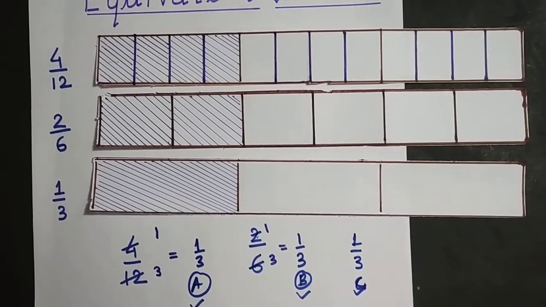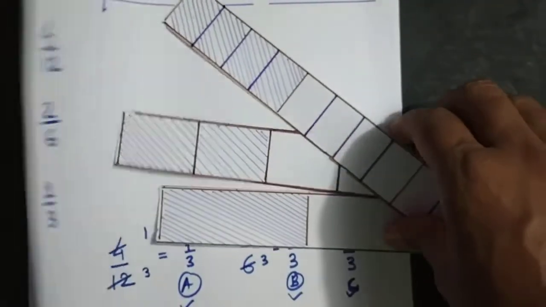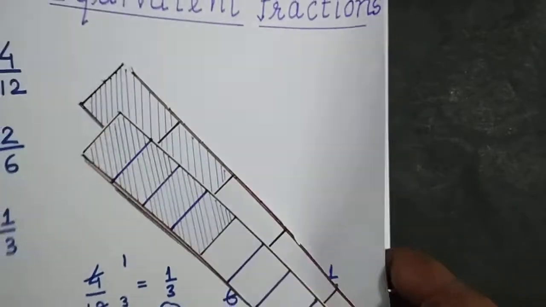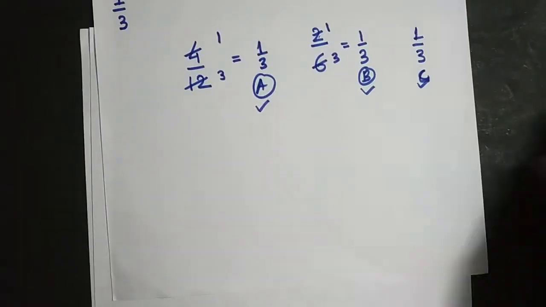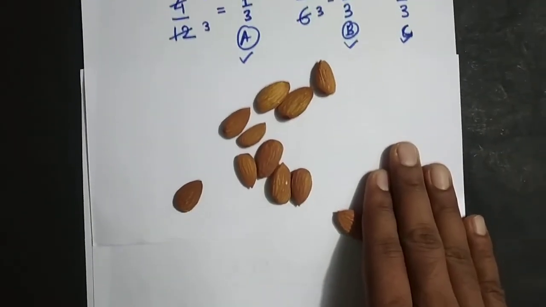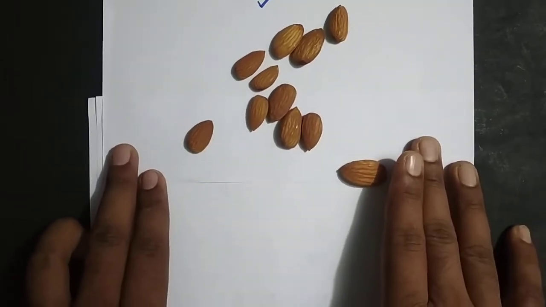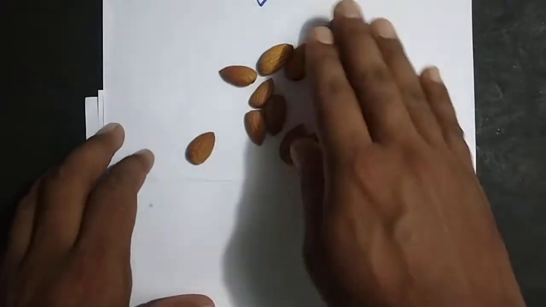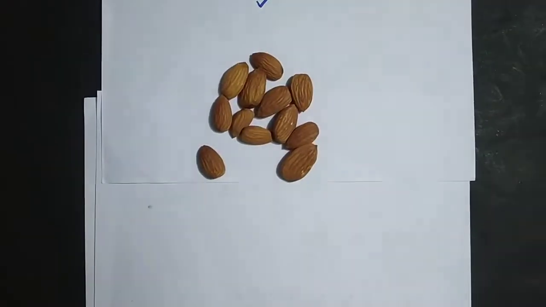Now take another example, or by means of one more activity we can see. Here you can see we have taken some almond seeds. There are a total of 12 almond seeds.